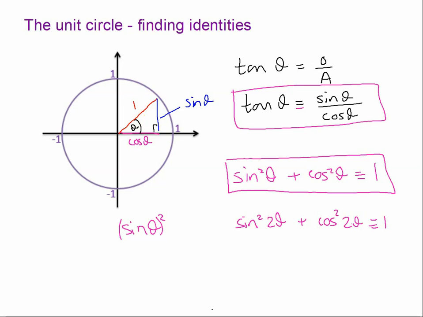So they're the 2 identities that you need to be able to use, and we can manipulate this one pretty easily. So if we rearrange to make sine squared theta the subject of the formula, that would be equal to 1 minus cos squared theta. And you could do the same with the cos squared theta here, 1 minus sine squared theta. So you need to know these 2 off by heart.